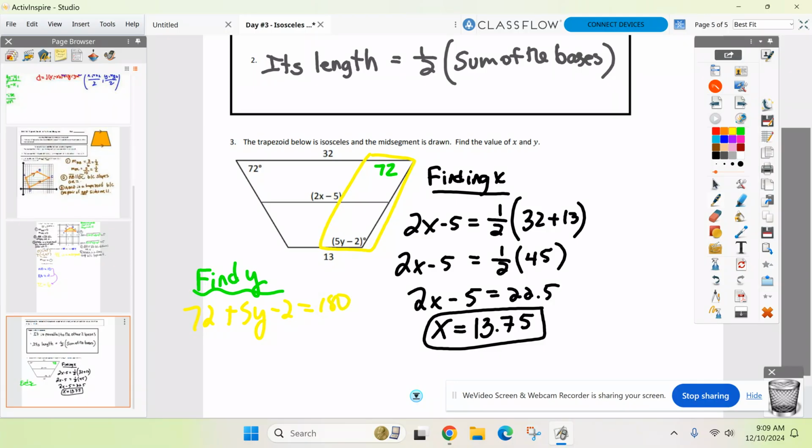They're supplementary. So we got 22. There you go. 22. All right, go ahead.